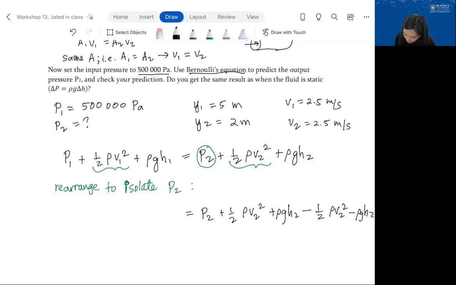And so that cancels out, because subtracting something from itself amounts to nothing, but you also have to do the same subtraction on the left-hand side.